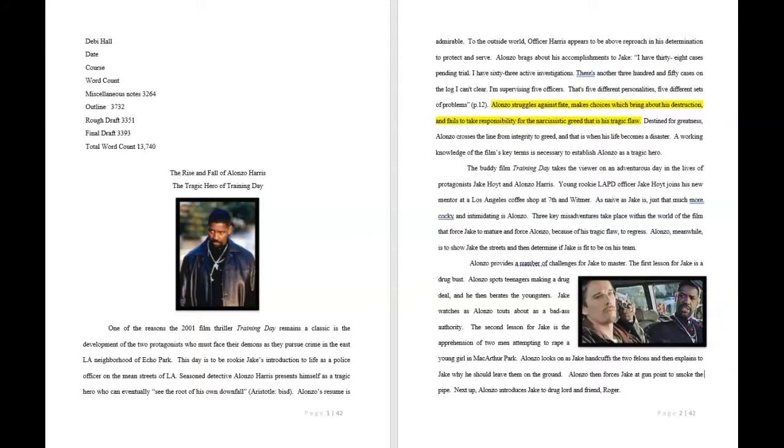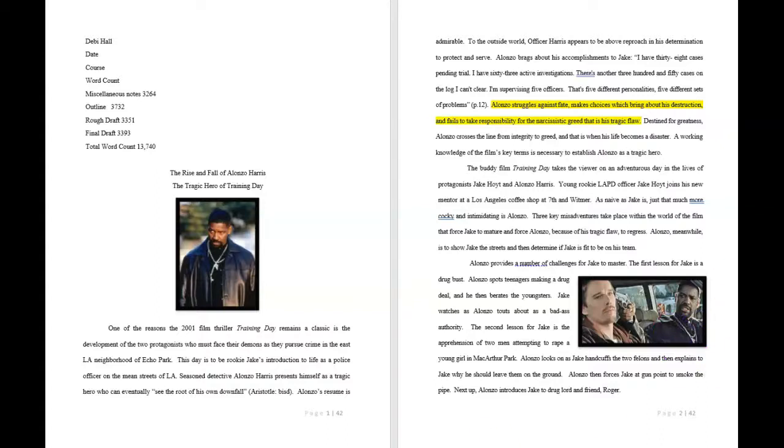And I punctuate that with images. Now you'll notice that these images, unlike the Woodstock essay, are not defined. That's because all of the images are going to come from that film, and I don't need to add a citation that says, Alonzo holds a gun to Jake's head.